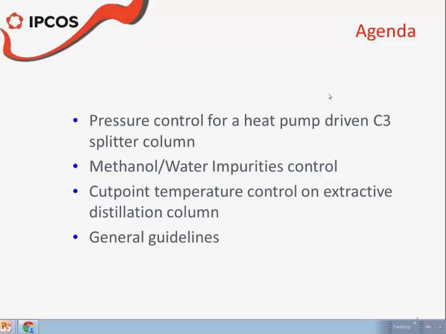To finalize with cut point temperature control on an extractive distillation column. To finalize the slides, we're going to give some general guidelines on what is important to keep into account at all times when designing or redesigning base layer control strategies.